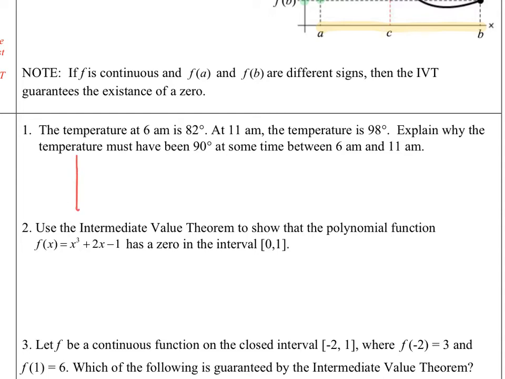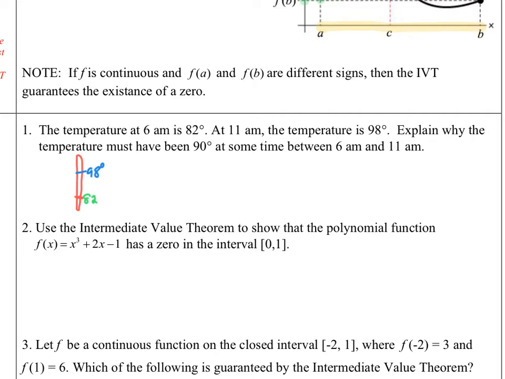So if you have a thermometer, and at 6 a.m. you're reading 82 degrees, and at 11 a.m. you're up to 98 degrees, then you know that to get from 82 to 98 you've got to hit all these in-between numbers.